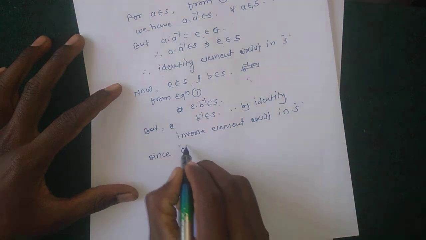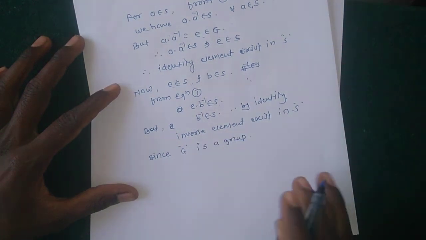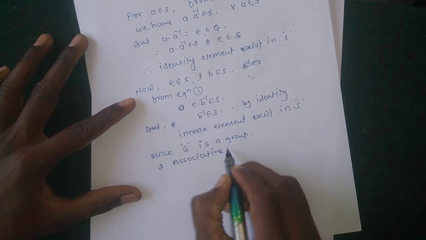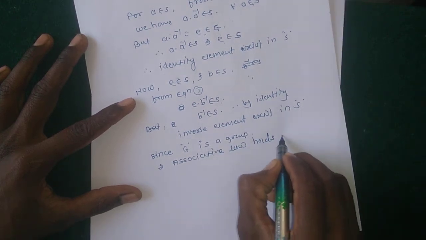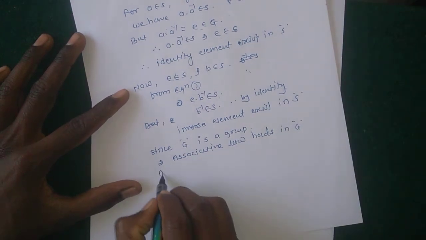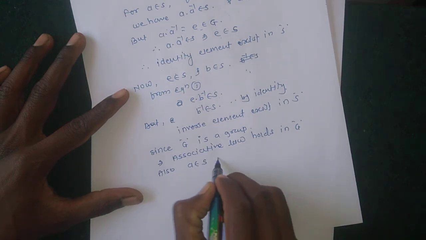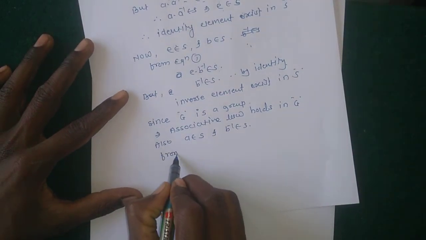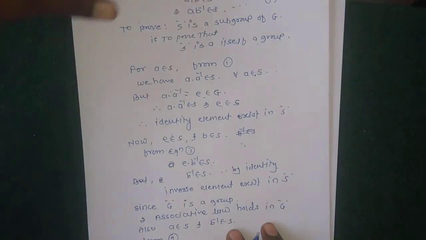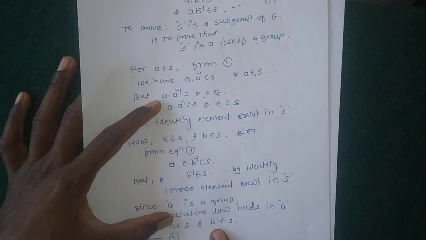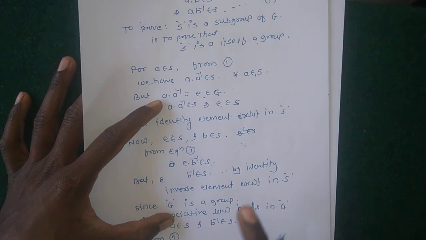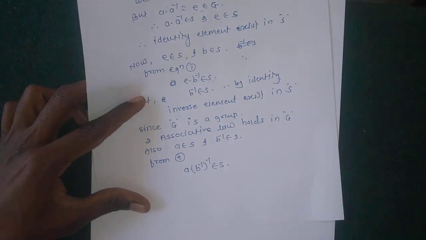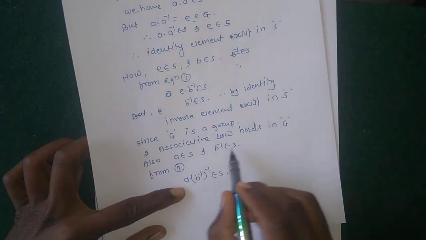Since G is a group, which implies that associative law holds in G. Also A belongs to S and B inverse belongs to S from condition 1, then from 1, A into B inverse also belongs to S, but S is a subset of G and G is a group.